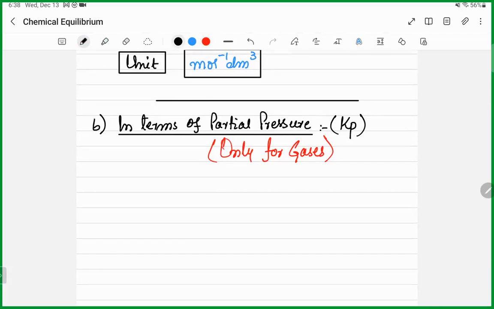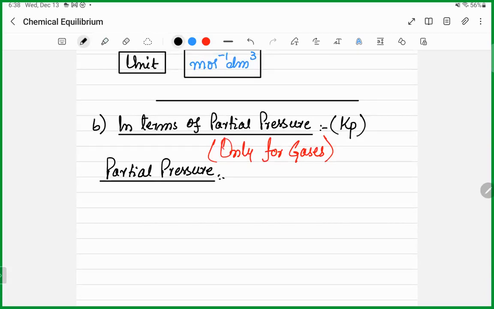Clear? सबसे पहले थोड़ी सी बात करेंगे बेटा partial pressure की. Have you heard the word partial pressure? देखिए, let's suppose you have like a mixture of gases. ठीक है? In any container, you have three gases: gas A, gas B, gas C. ठीक है?